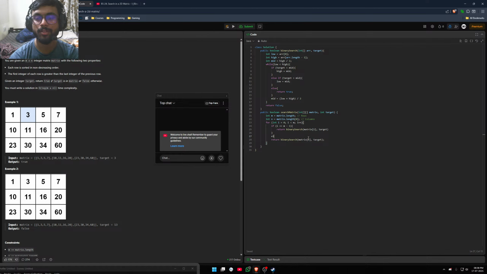Else we just return this value. Let's say boolean value exists equal to that.